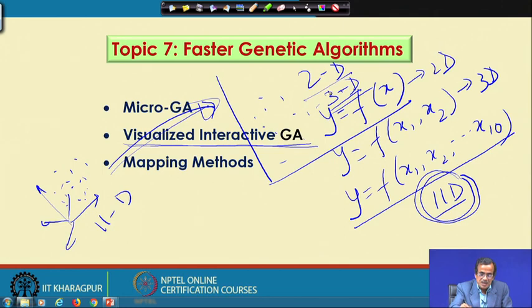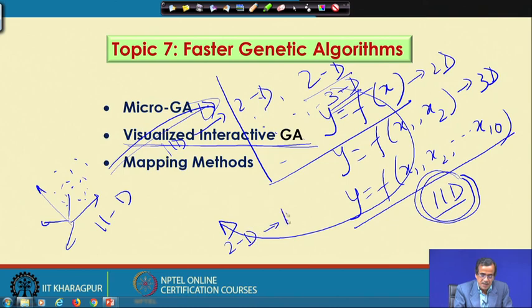that information I am going to give to the GA by doing some sort of reverse mapping. From 11 dimensions to 2 dimensions we go, and here we do the reverse mapping, from 2 dimensions to 11 dimensions, because the GA is working in 11 dimensions.